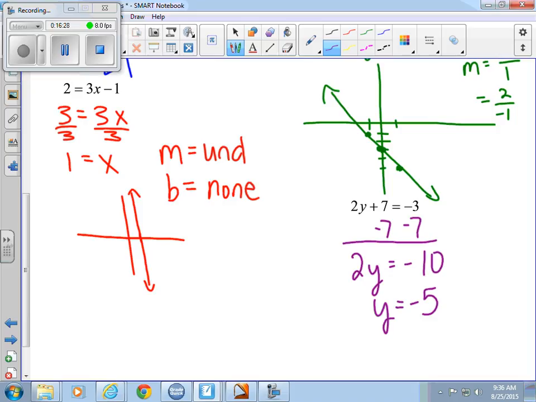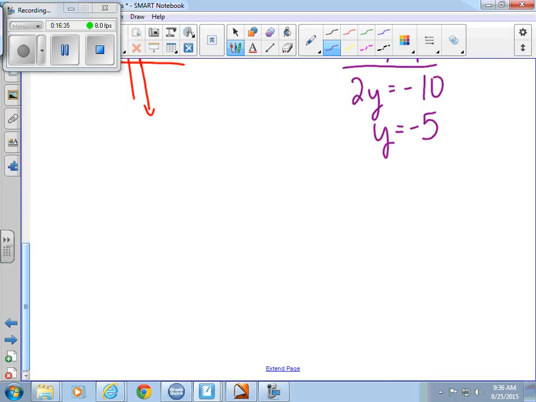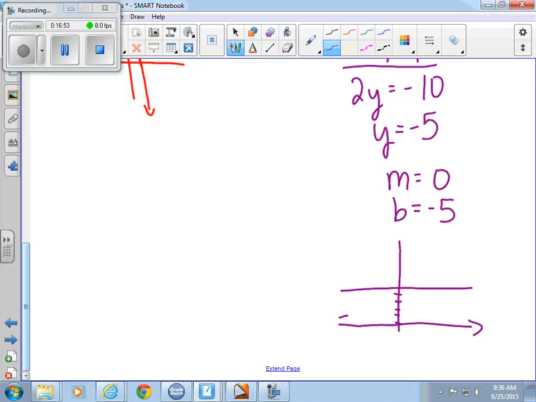This one you could probably figure it out just based on y equals what it looks like. It's horizontal. Slope is 0, y-intercept of -5.